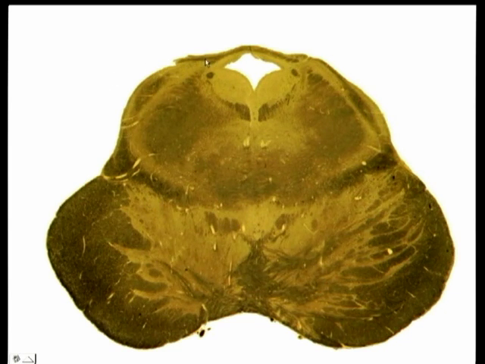So let's say that we're looking at this right SO4 nerve. It's running out to the right superior oblique muscle, and it's got a lesion. So we've lost this right superior oblique nerve, and we have atrophy of the right superior oblique muscle.